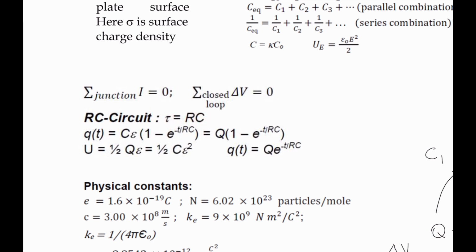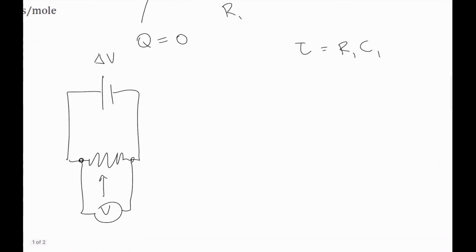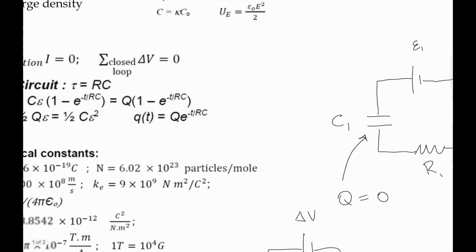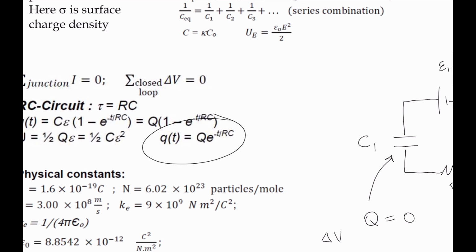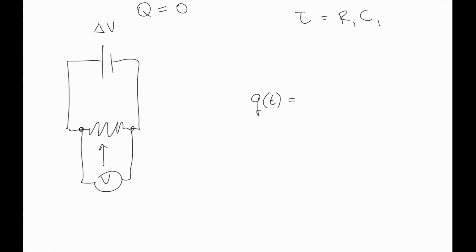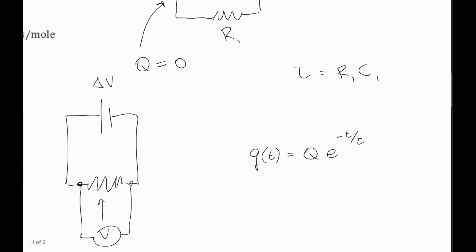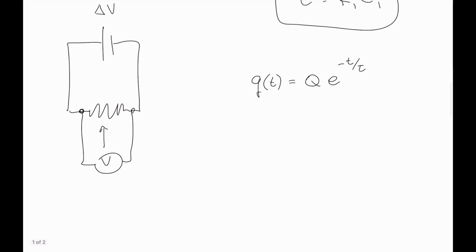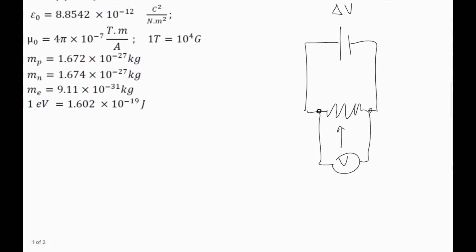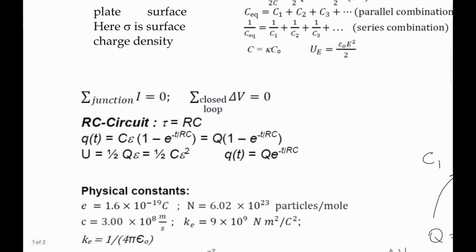So sometimes you'll actually see these equations written as, let's say I take this one here, and what that looks like is Q e to the minus t over tau, where tau is this constant. You can also have this other equation, Q(1 minus e to the minus t over tau). So these are the two equations given here. Here is one of them, and here is the other one.